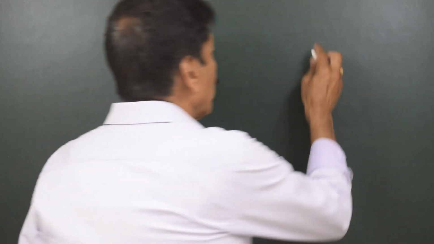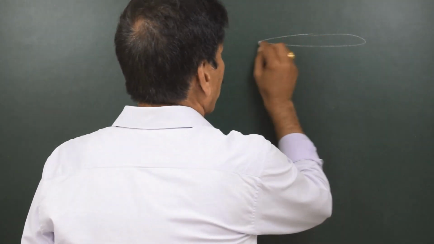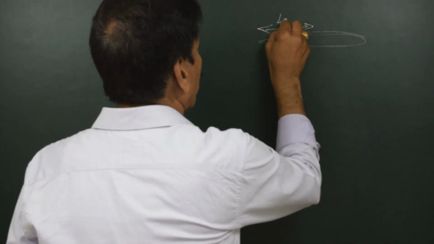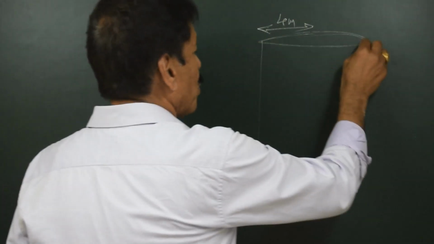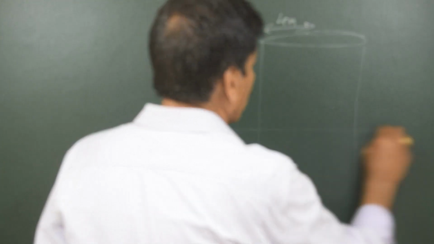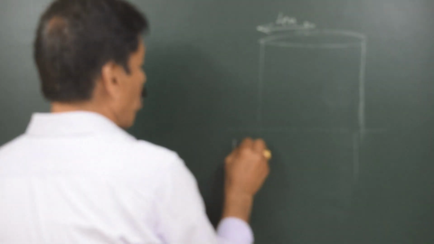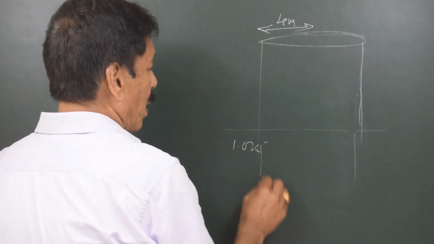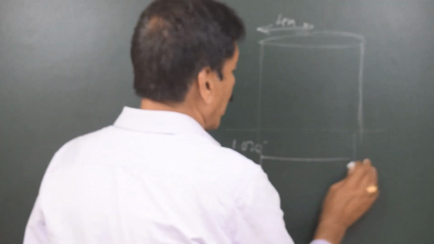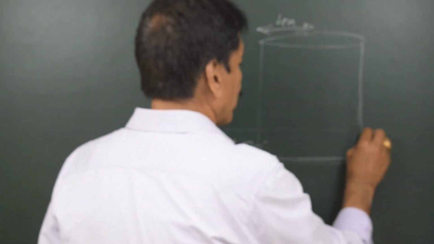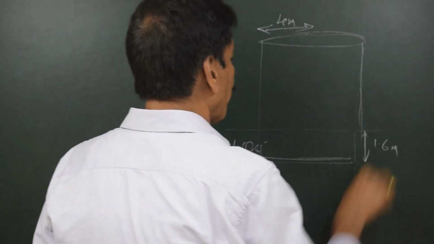This is a cylinder. Say the radius is 4 meters. The height is not given, but the cylinder is floating in salt water of density 1.025, at a draft of 1.6 meters.